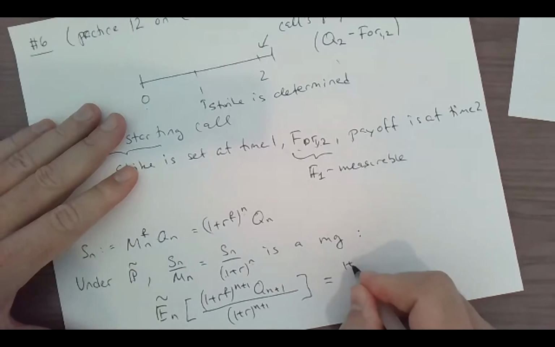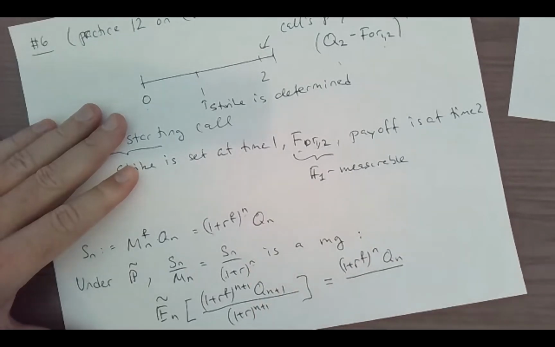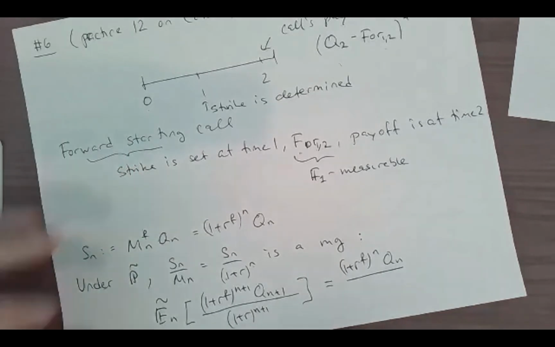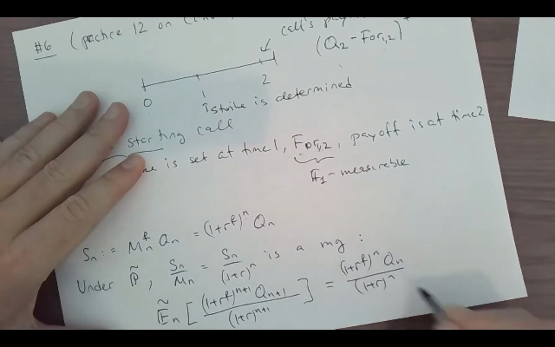So this is (1 plus Rf) to the n times Qn, divided by (1 plus R) to the nth.